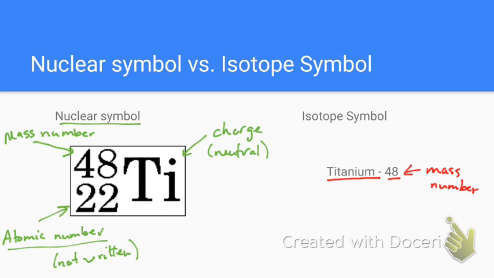All right, let's run through a couple of examples. Let's say I gave you helium-4, and I asked how many protons, neutrons, and electrons there are.